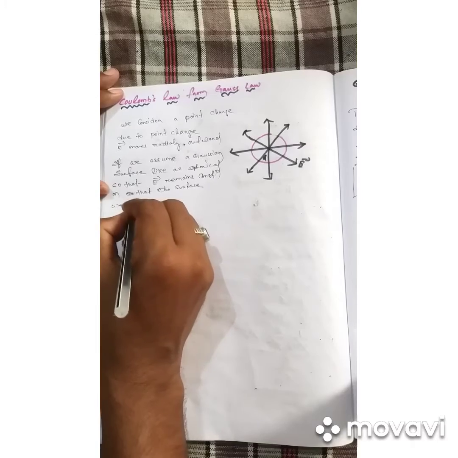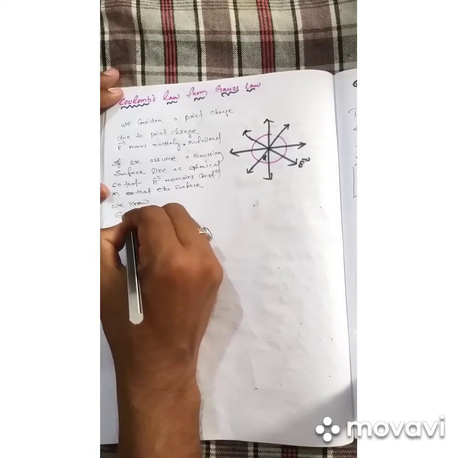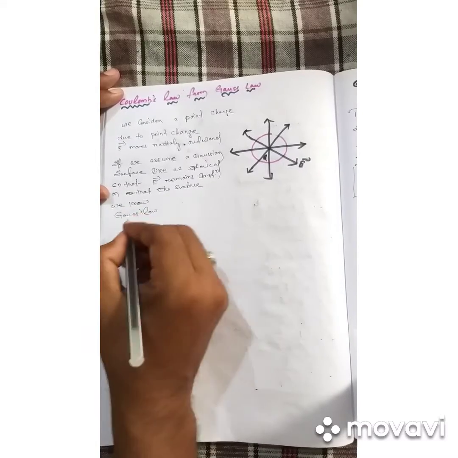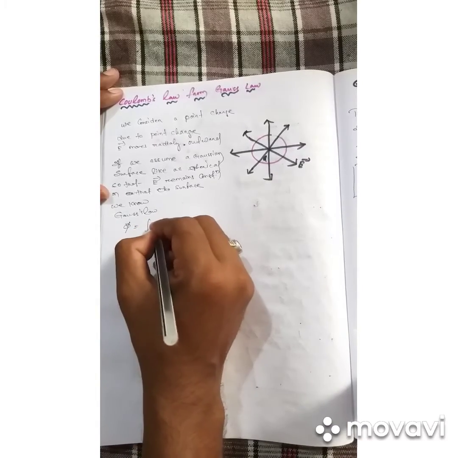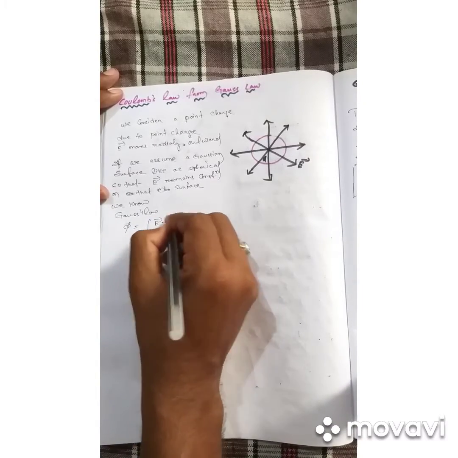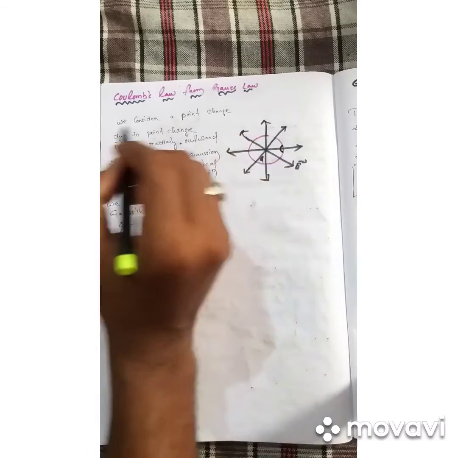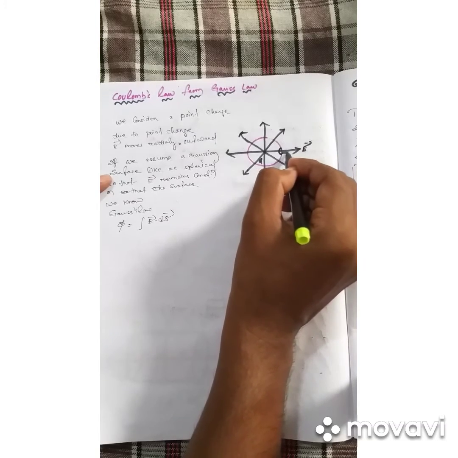We know Gauss law: phi equal to the surface integral of E vector dot dS vector. In that region, if you consider a small region, the electric field intensity E vector and the area vector both are in the same direction.